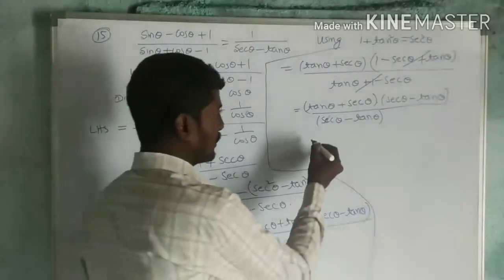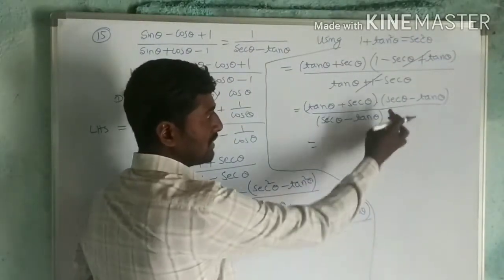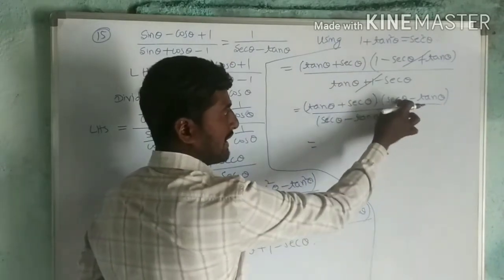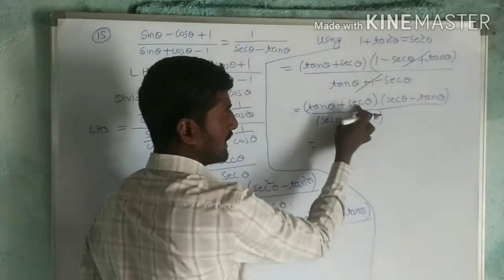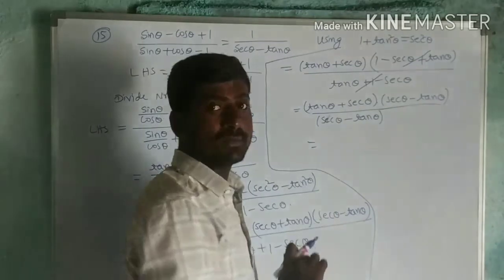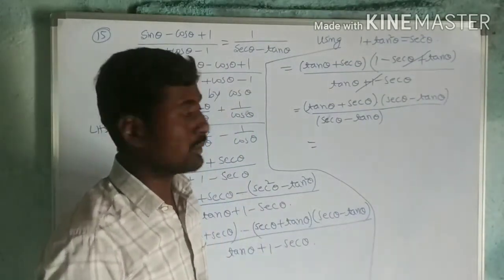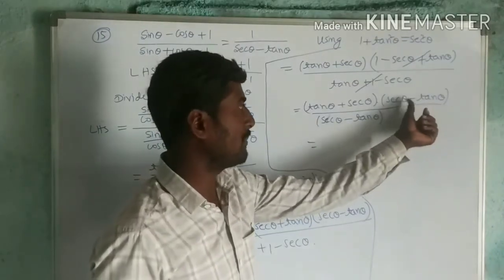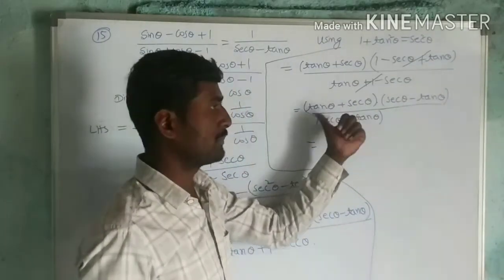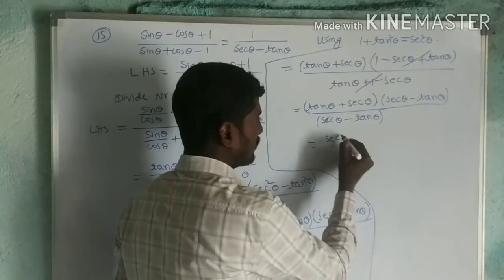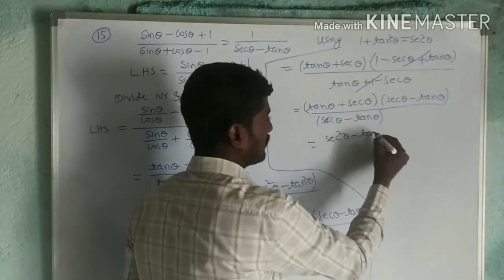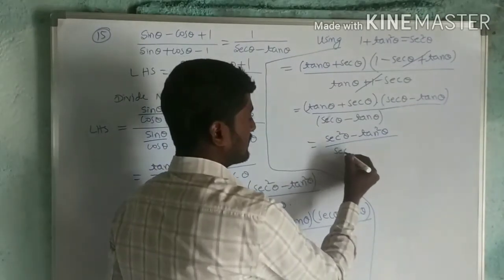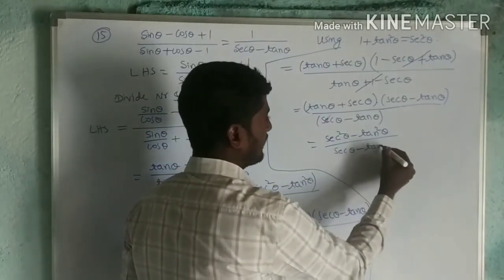Now this is equal to, you see the answer? Sec theta minus tan theta, sec theta plus tan theta means a minus b into a plus b, that is a square minus b square. But a should be sec theta, b should be tan theta, because a minus b, a plus b. That is what? Sec square theta minus tan square theta divided by sec theta minus tan theta.